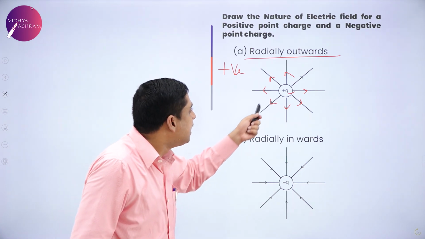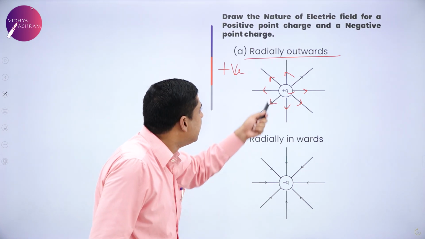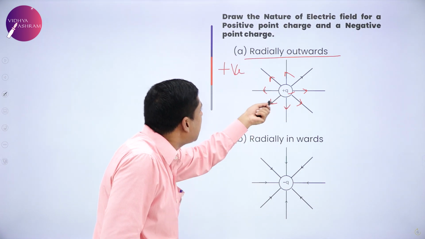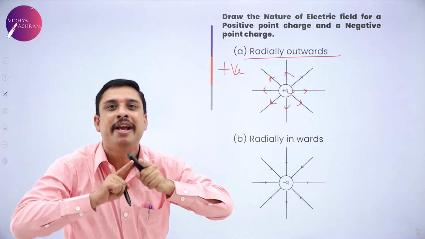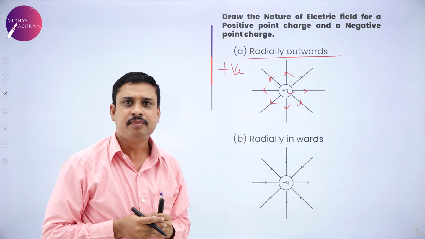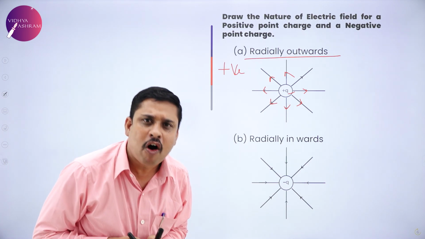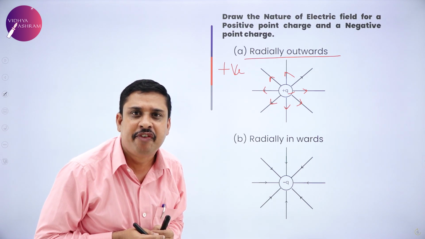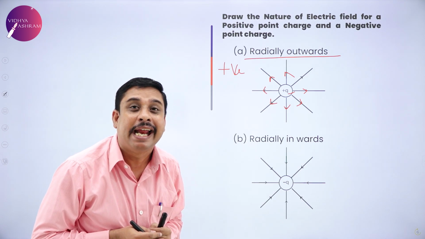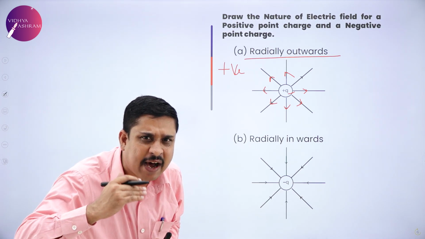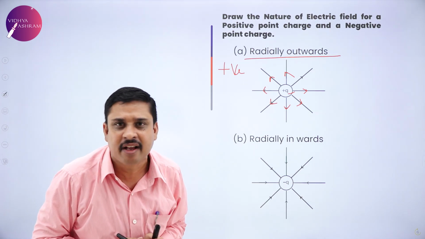We say here the electric field starts from the charge and ends up at infinity. It is going out from the positive charge. So please do remember, for any positive point charge, electric field acts radially outwards from the charge. It goes away radially to infinity.